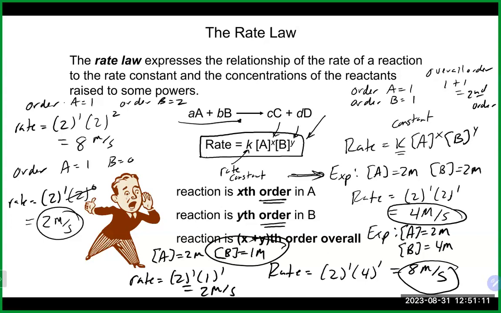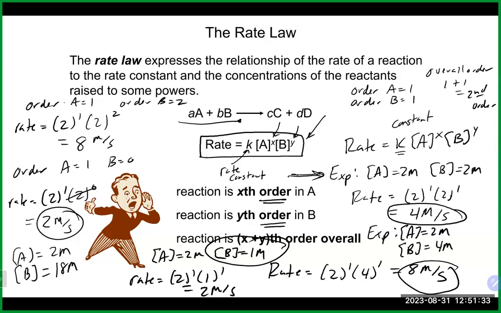By the way, in this particular case, if A is first order and B is 0 order, and I decided to do an experiment where I really wanted to increase the rate, so A would be at 2 molar and I did B at 18 molar because I really wanted to increase it, would I increase the reaction rate?